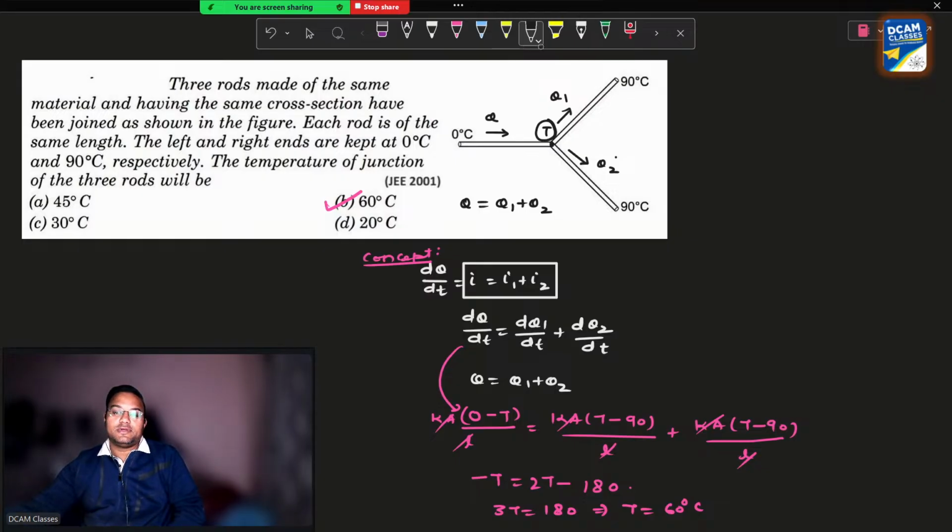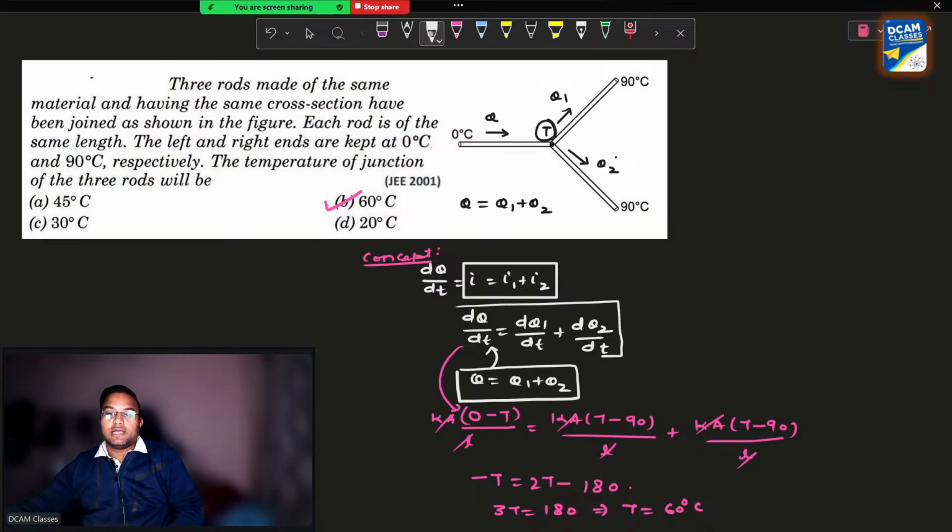That's why I told this concept, like current. This one you understood, now what I did? Okay, you understood now? What about Kanishka?